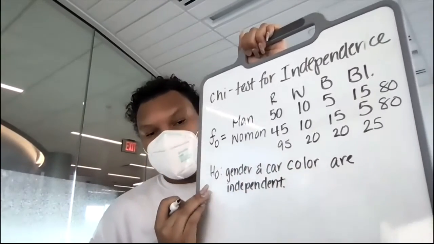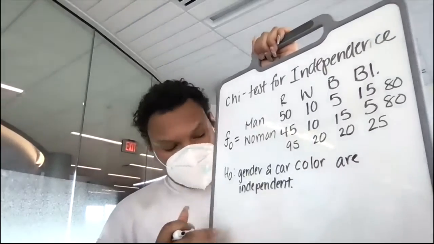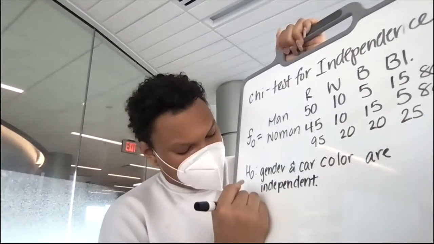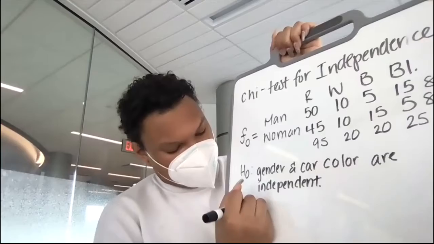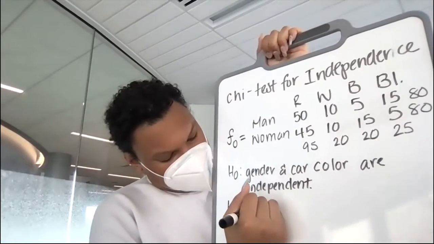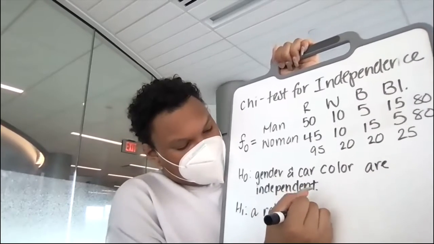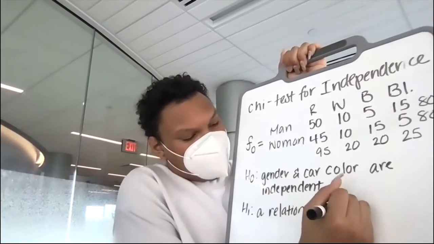Remember that that is the basis of this test. You're testing to see whether or not they are independent of each other. For our alternative, H sub 1, it is that there is a relationship between the two variables.